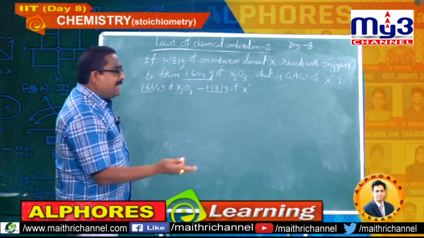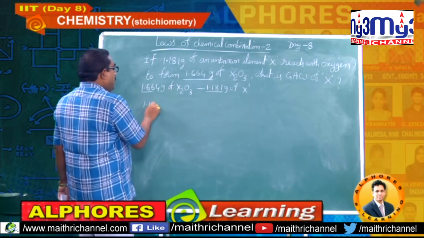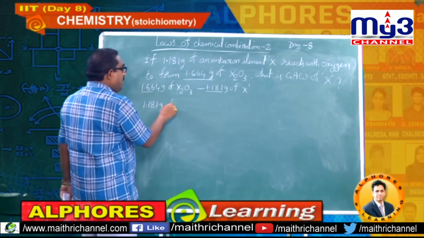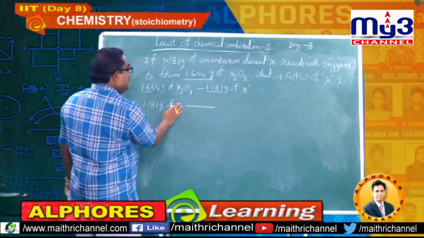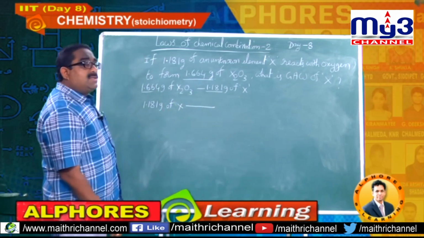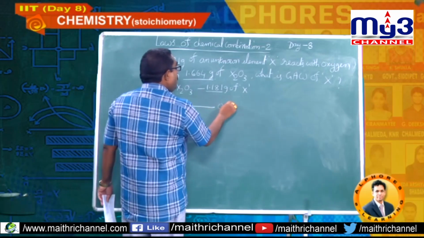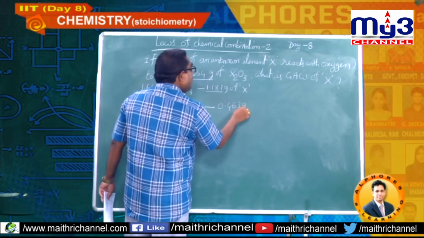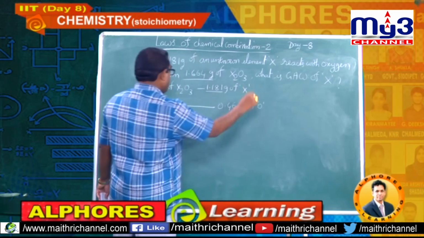Now I can write like this, see, 1.181 grams of X combines with 0.463 grams of oxygen. That is the data.